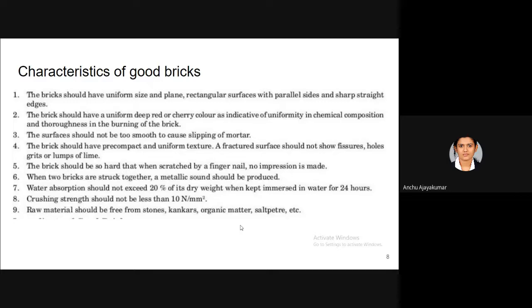If a brick has water absorption of 25 or 40, it is not the characteristic of a good brick. Similarly, if the crushing strength is not less than 10 Newton per mm square, it belongs to a good brick. So you can expect a question from the 7th point as well as the 8th point only. The remaining are just theory factors; you need not study them for your GATE syllabus.